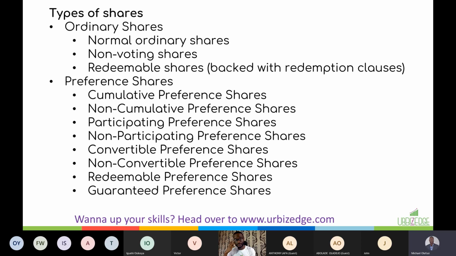So what companies used to do before, now in Nigeria, is they used to not issue out everything. So you could have like 20% that you have not issued out. Then you can easily add the form for adding an additional investor, which is a lot more straightforward. And you don't need to start having difficult meetings with the existing shareholders, because you're not taking from their own to give to somebody else.